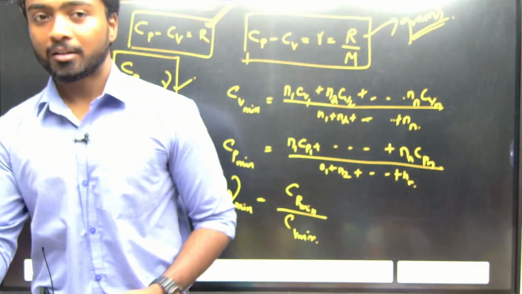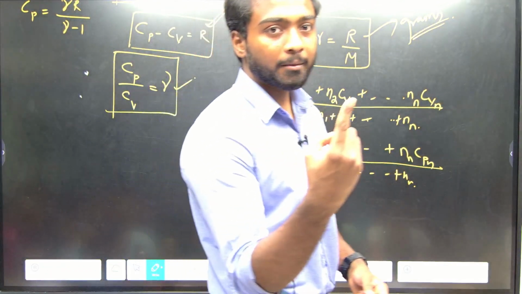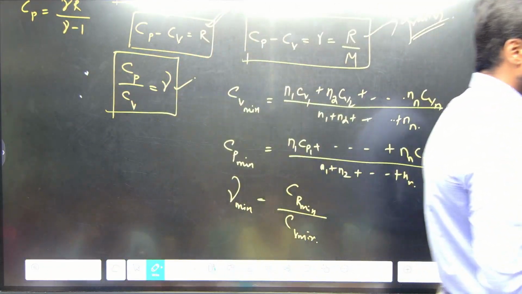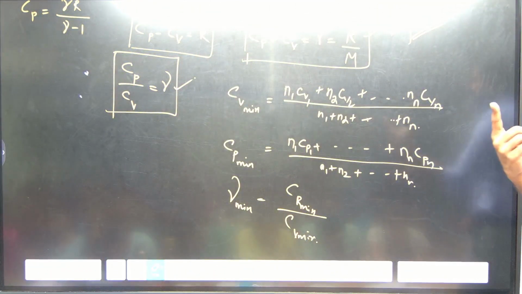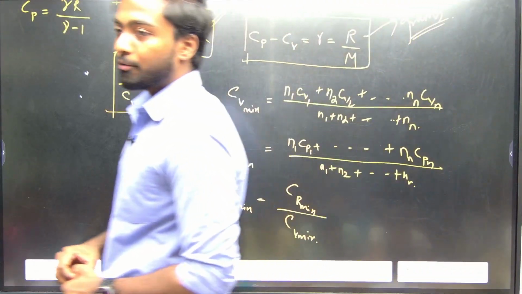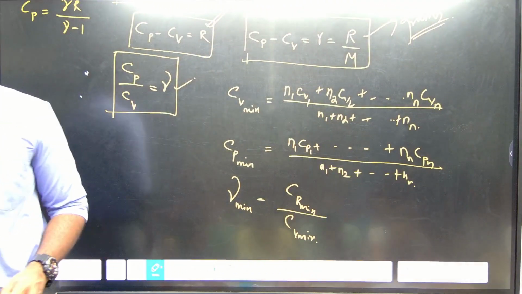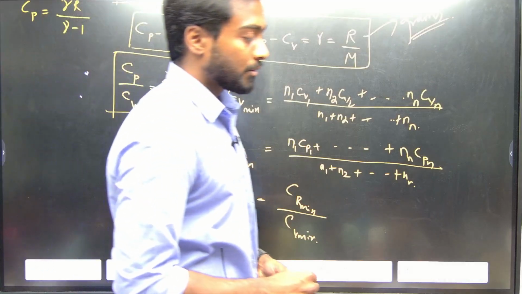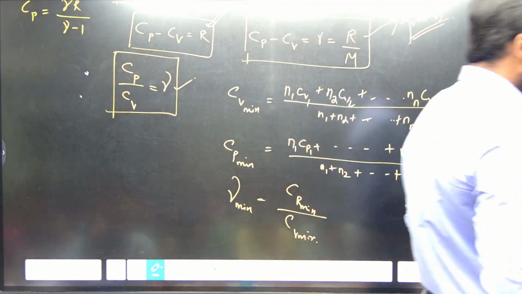Triatomic gas, the subdivisions are linear and non-linear. For linear, degree of freedom is 6. For non-linear, degree of freedom is 7.